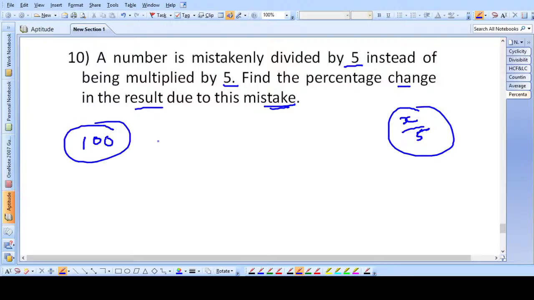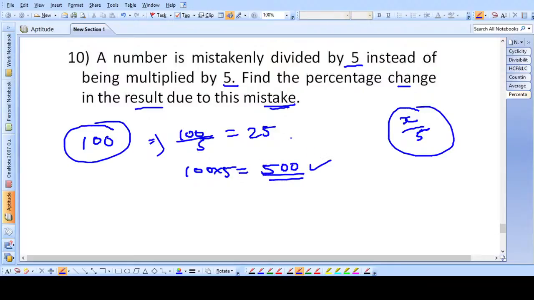So what you will do is divide 100 by 5. What do you get? 25. And what was required? You were required to multiply. So what is that value? 500. So a value which was supposed to be 500, you mistakenly divided and took the value as 25. So what is the change?